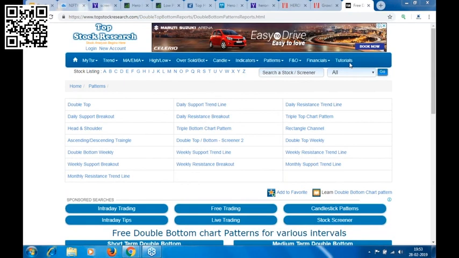ICICI Prudential chart. Yes, what about ICICI Prudential chart? Let's look at the ICICI Prudential chart.